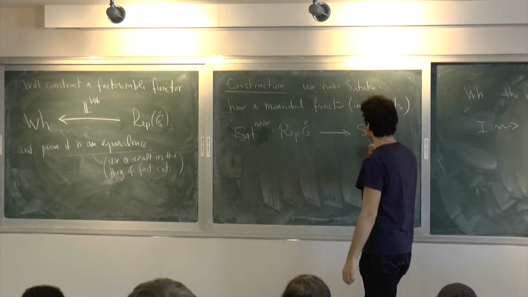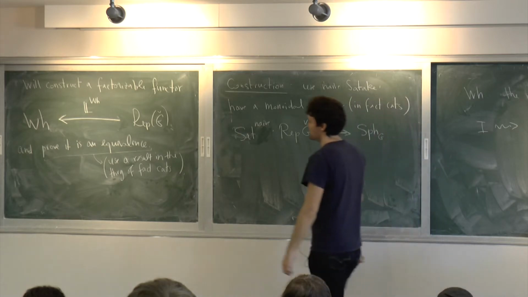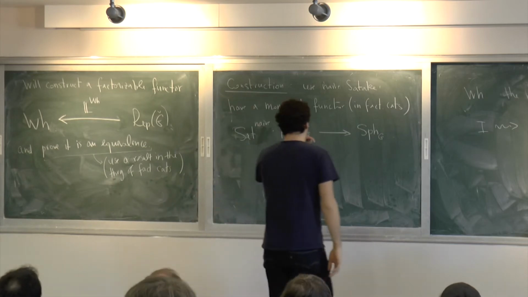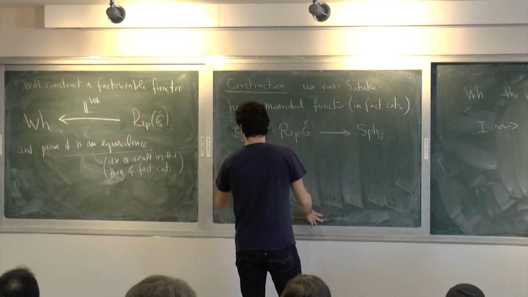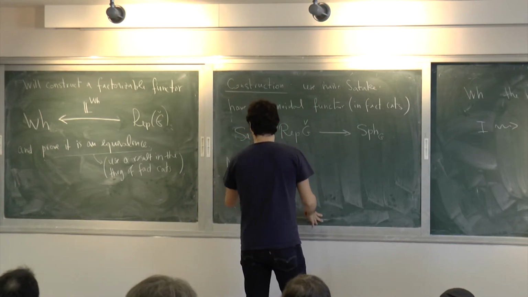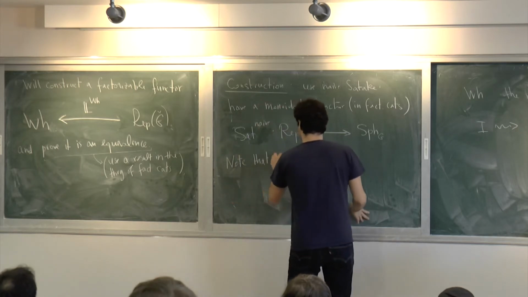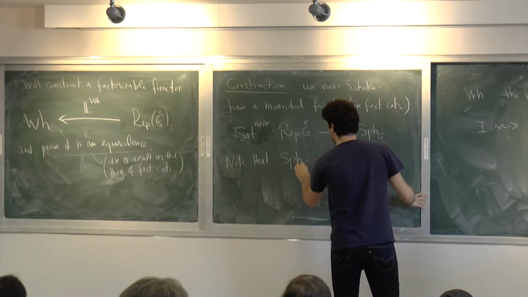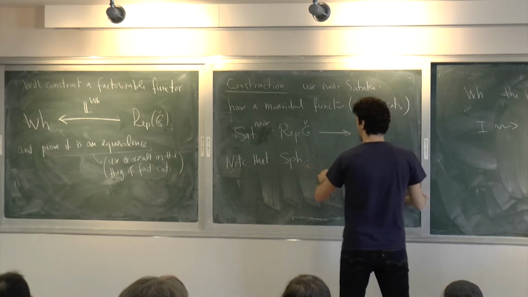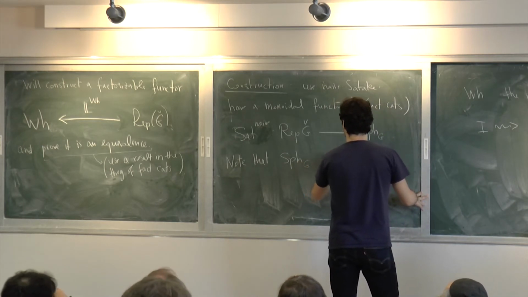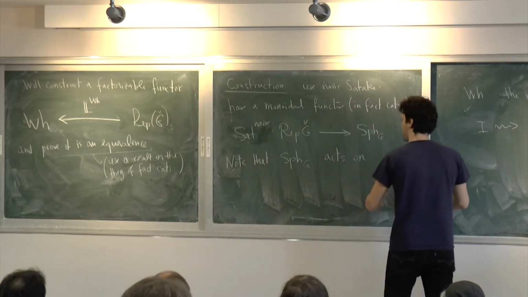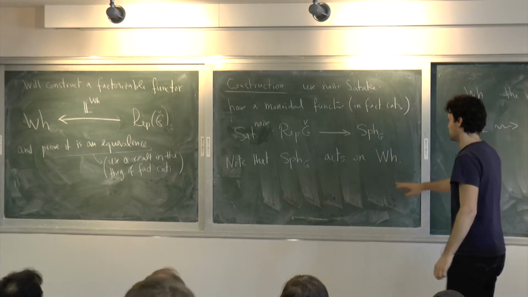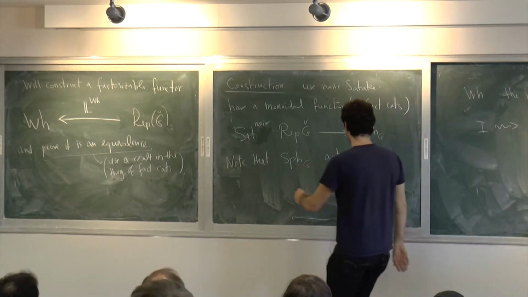And now I need to move from the spherical factorizable category to the Whittaker category, and I'll do as follows. I note that spherical for G is monoidal and acts on Whittaker. I'll explain that in a second.